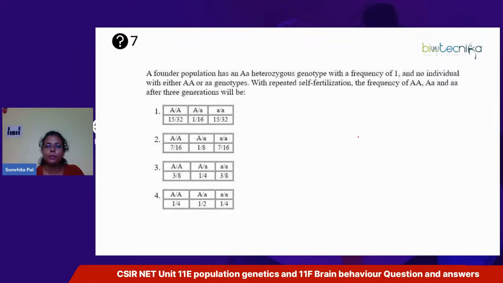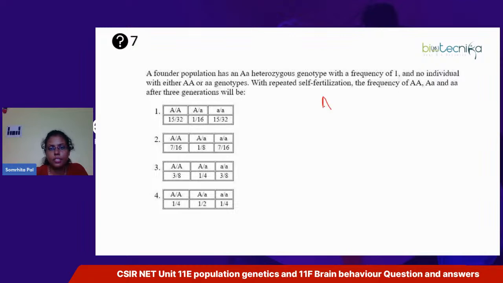So a bit of calculation is required here. What I can tell you is that with every generation, there is a 50% decrease in your heterozygosity if there is self fertilization. And why is that?